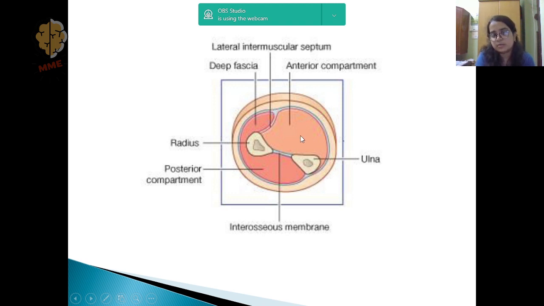So the compartment which is present in front of this partition is the anterior compartment, and I'll tell about the muscles of the anterior compartment of the forearm in my next class. And the muscles which are present posterior to this partition are basically the muscles of the posterior compartment.